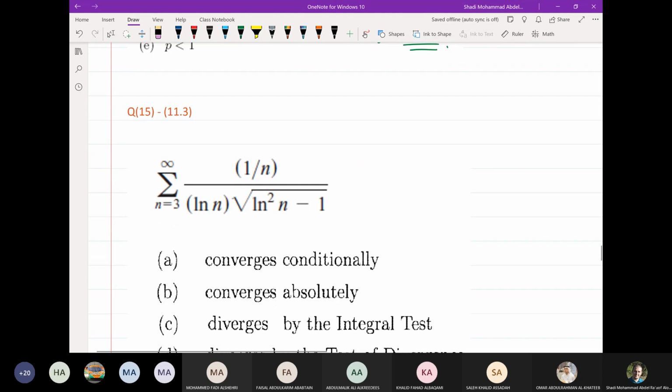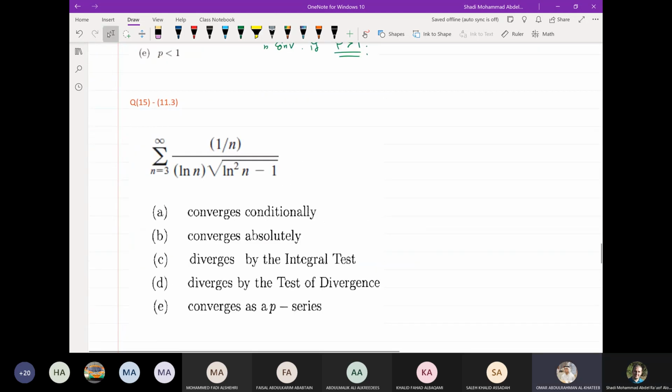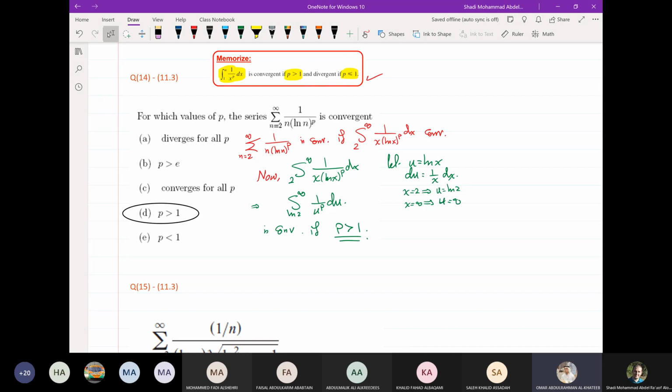Yes. Are there not conditions we need to check before using the integral test? Yeah, it should be continuous, decreasing, and with positive terms. It is already with positive terms because n starts from 2. And I checked, as I told you, why I use the integral test: it's continuous because I avoid the problems, which are 0 and 1.